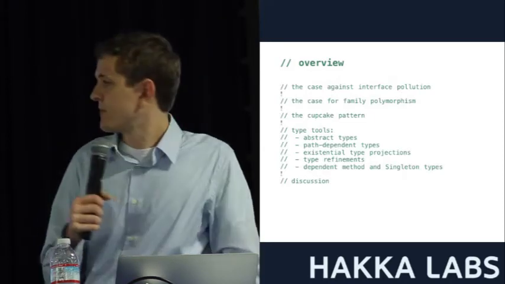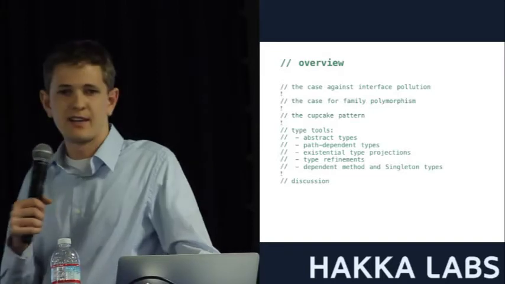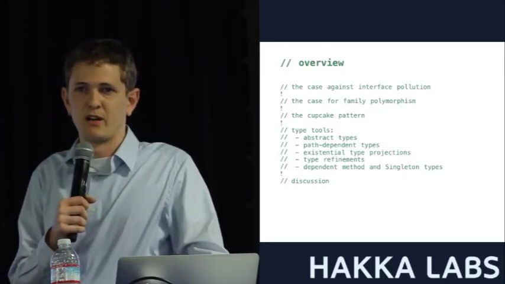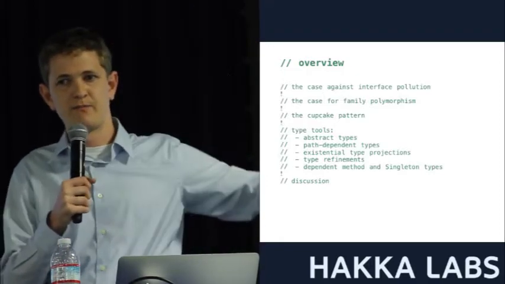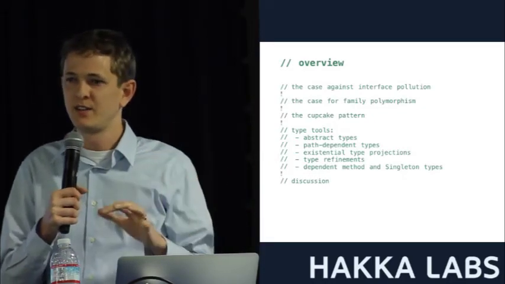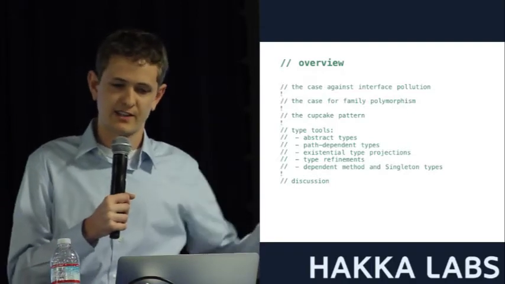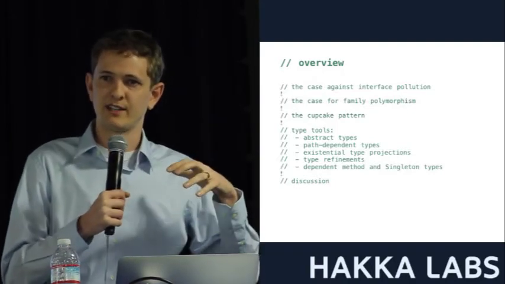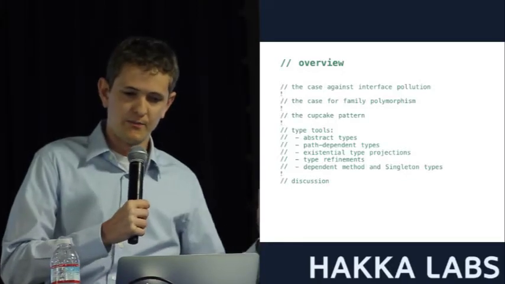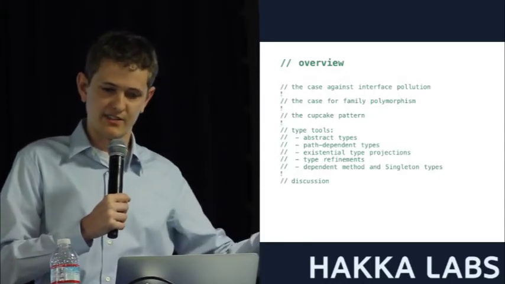And then as a proposed solution, I want to show something that is rather unique to Scala, which is this idea of family polymorphism, that you don't have to deal with strictly uniform class hierarchies. Using particular combinations of Scala's type system that might seem esoteric at first, they come together in a really nice way to let you extend a set of types together to effectively have loosely coupled interfaces with tightly coupled implementations.